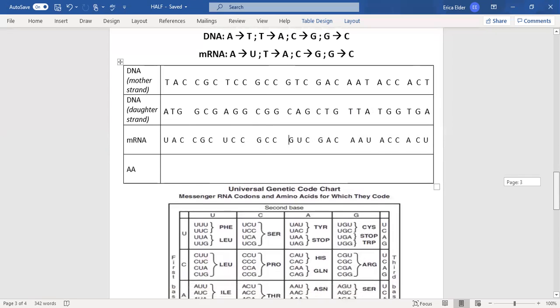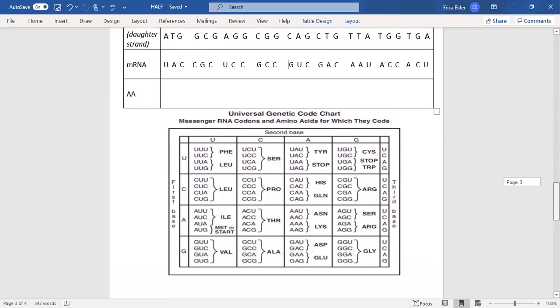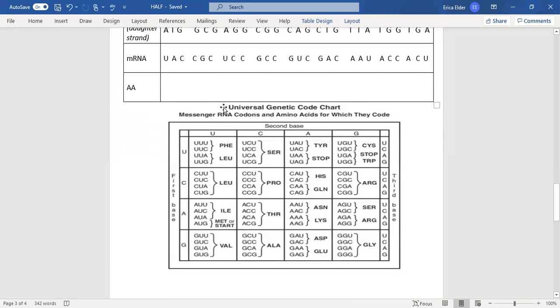All right. For our fourth and final row, we're going to be utilizing this universal genetic code chart. And this will translate for the body the different messenger RNA codons and give you the amino acid that the body would use after that coding has been done. So take this moment now, and you're going to follow along by looking for your first base.